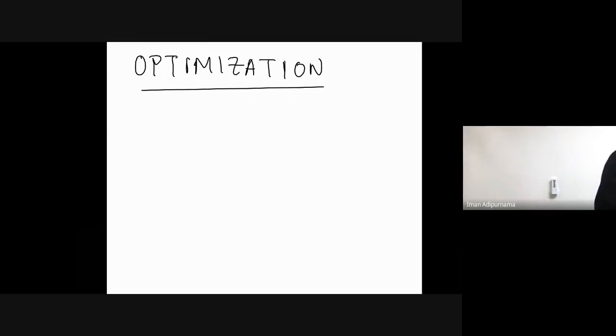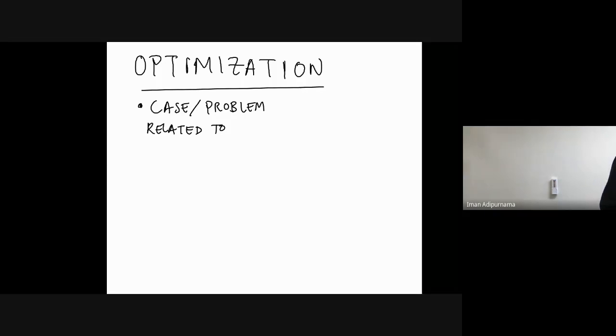So the idea is, you will have a problem related to a critical point. To solve the problem, usually you need to draw a diagram, and then name the variables.